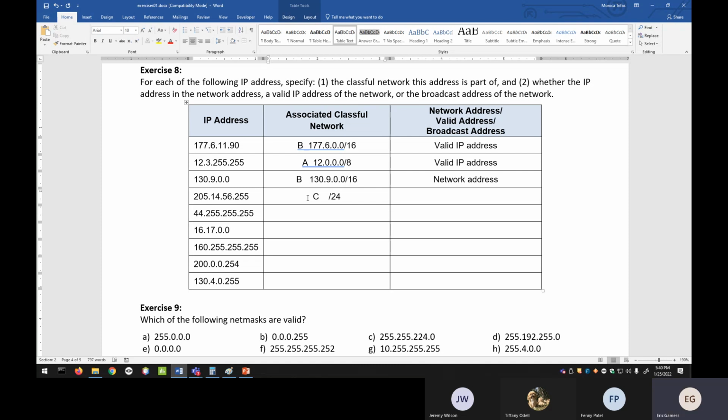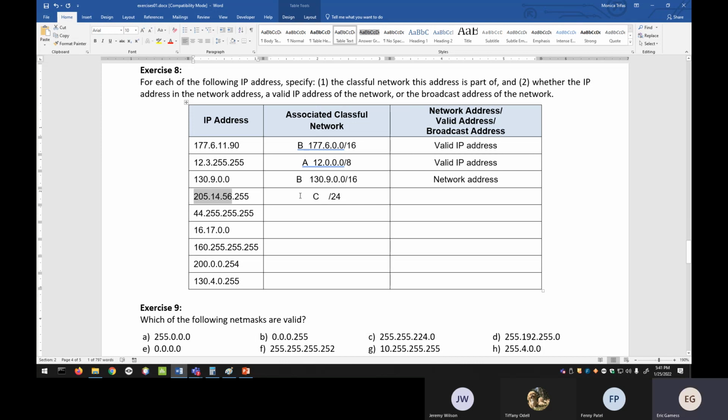And if it's a /24, it means that all the IP addresses that belong to this network will have in common the first 24 bits. If they have in common the first 24 bits, all of them will start with 205.14.56.